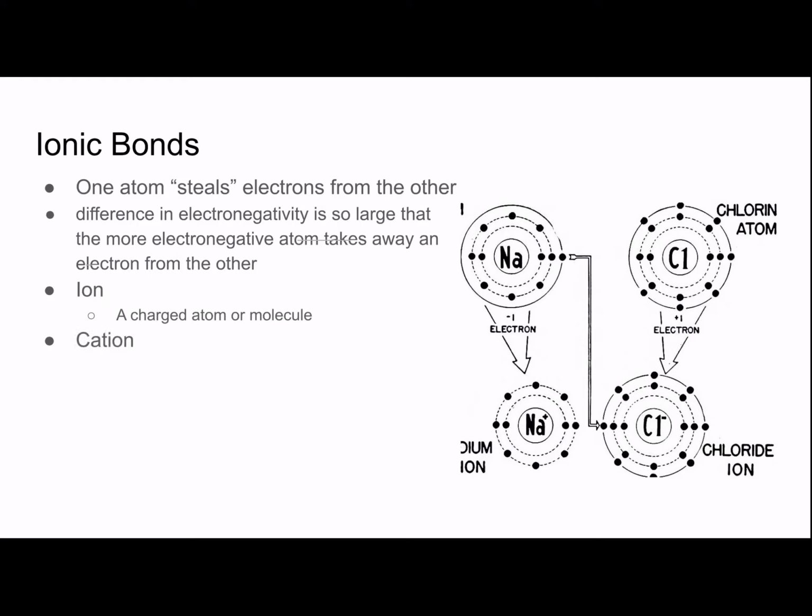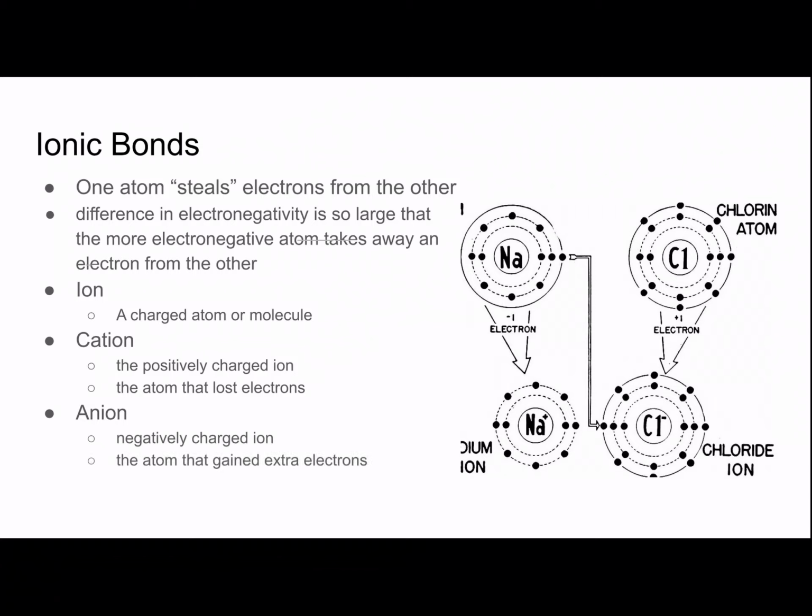And then we have cations, which is the positively charged ion. So that's the atom that will lose the electron. And we have anions, which are negatively charged ions, and that's the atom that gained the extra electrons. And these two will be together in an ionic bond, and that's the attraction between cations and anions.